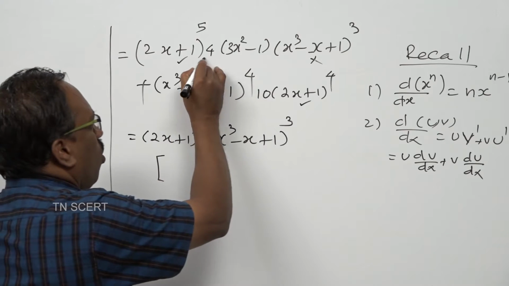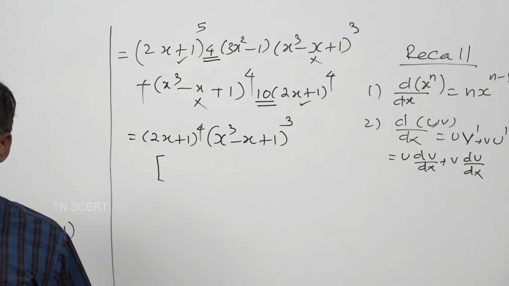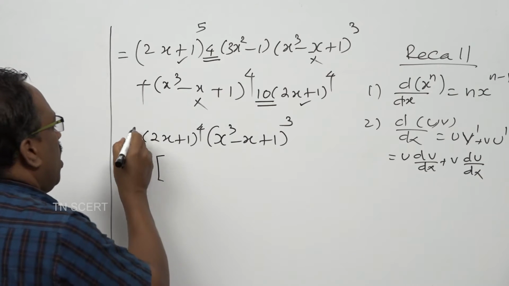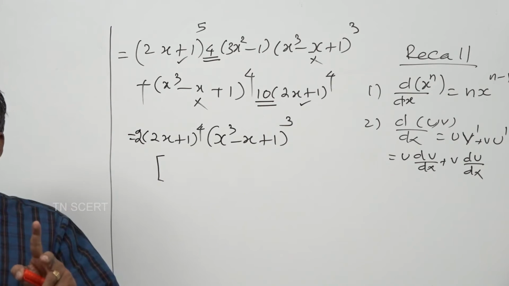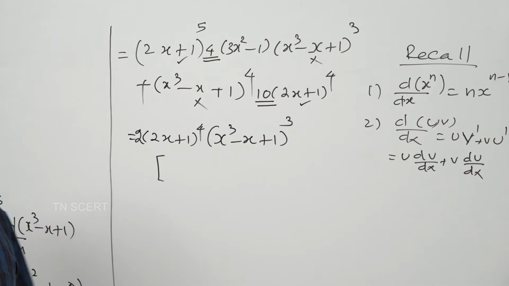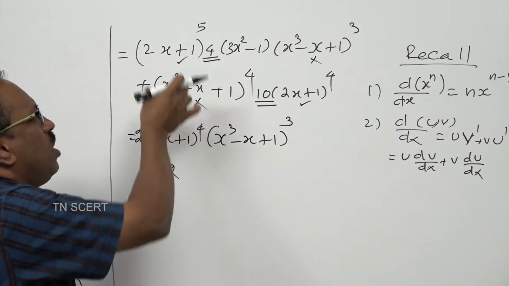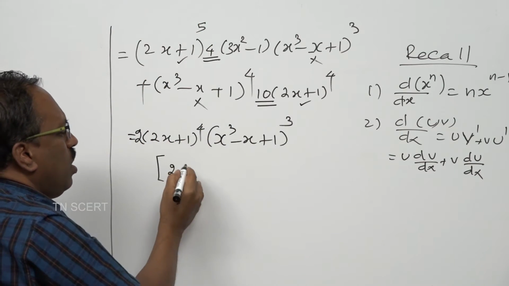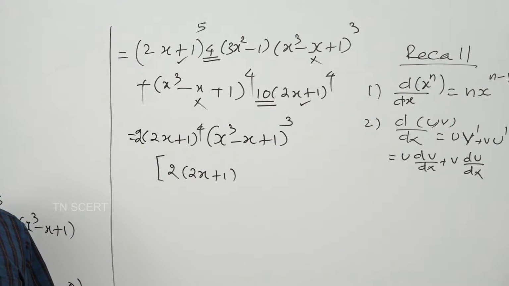And even the 4 and 10 also, what number can we take? 4 and 10, 2 is common. Let me take 2 also, so that the remaining terms we have to write. Now I have taken out 2 of the 4, so here 2 exists. 2x plus 1 whole power 5, but I have taken power 4, that means one term I should write, 2x plus 1.